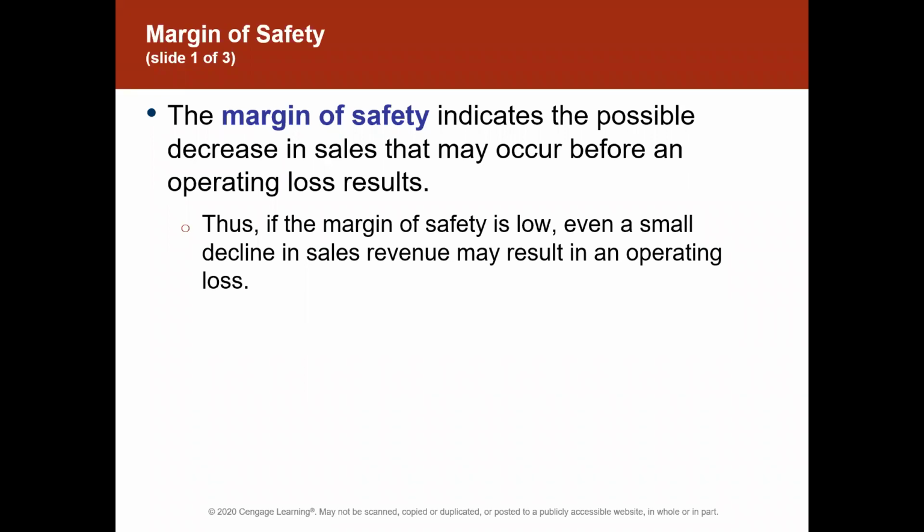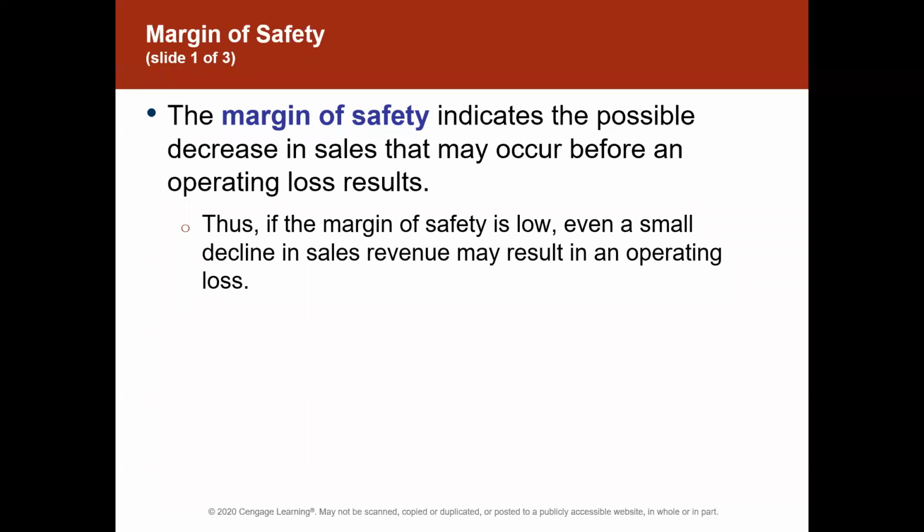So we know how to use CVP analysis. We know the assumptions that go into it. And I've mentioned this term margin of safety a few times. Since we know that some of our assumptions may not be 100% valid, and that affects the reliability of our results, we may want to build in a margin of safety.